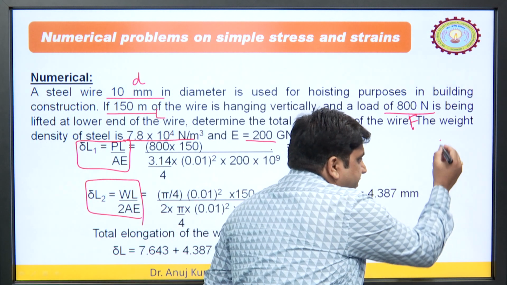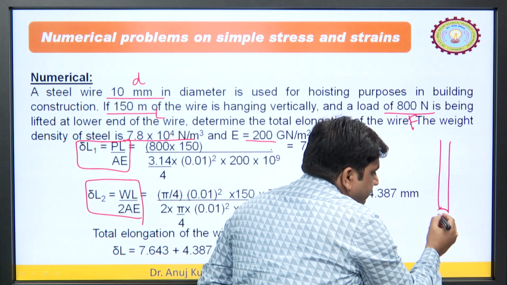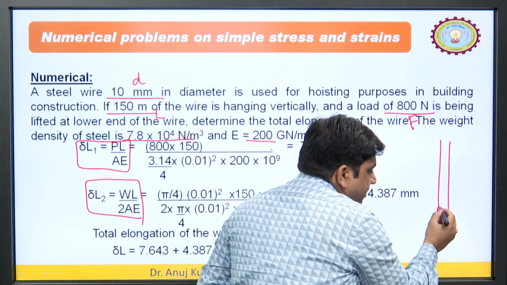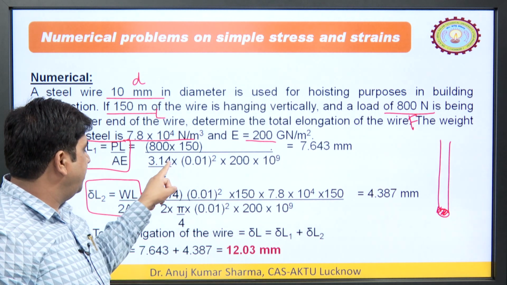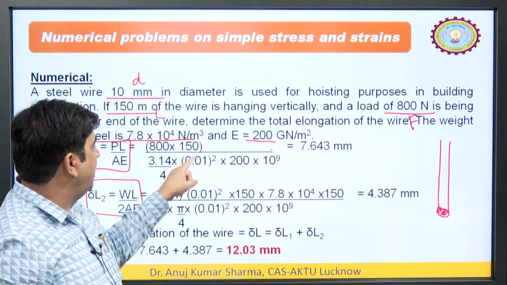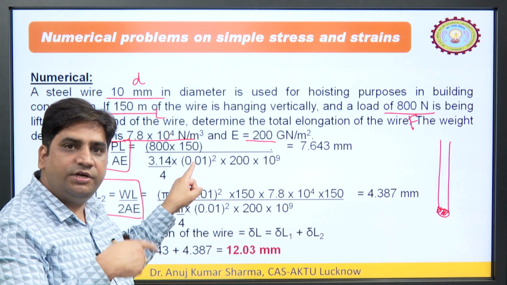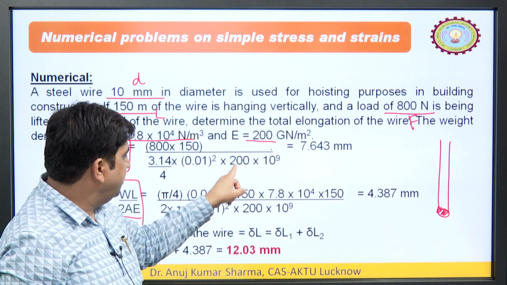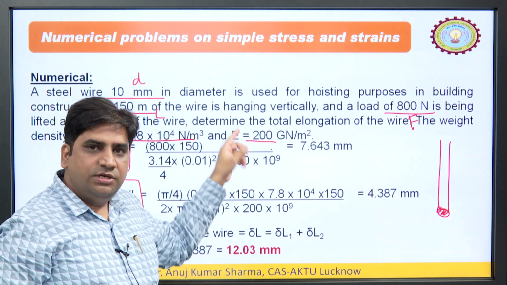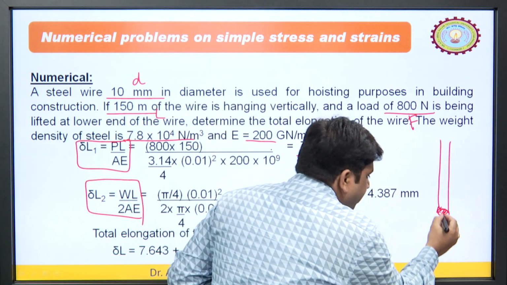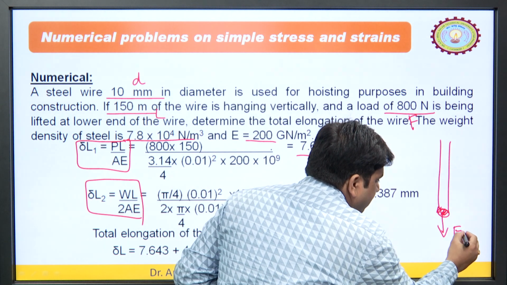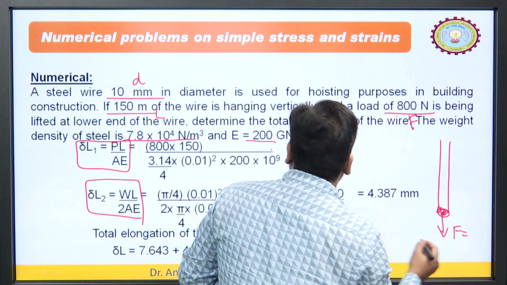The wire is like this, and this area is given by pi by 4 d square, where the diameter is given as 10 mm. We can convert it into meter, and multiply by the modulus of elasticity. So, we can calculate using this. It is due to this loading, how much load? 150 Newton.